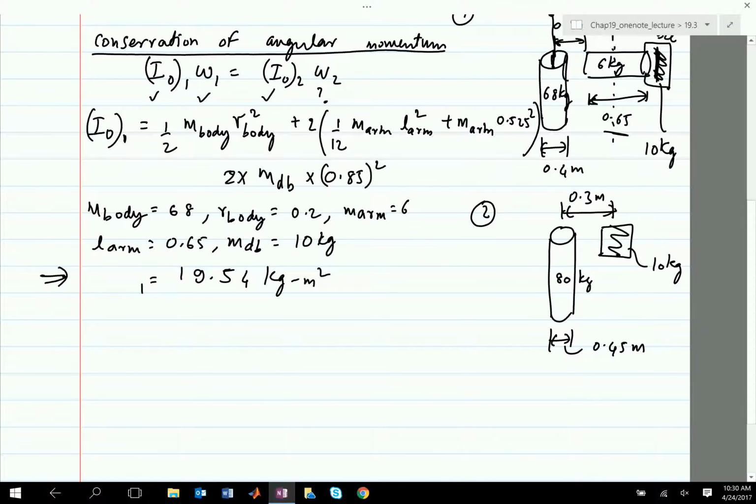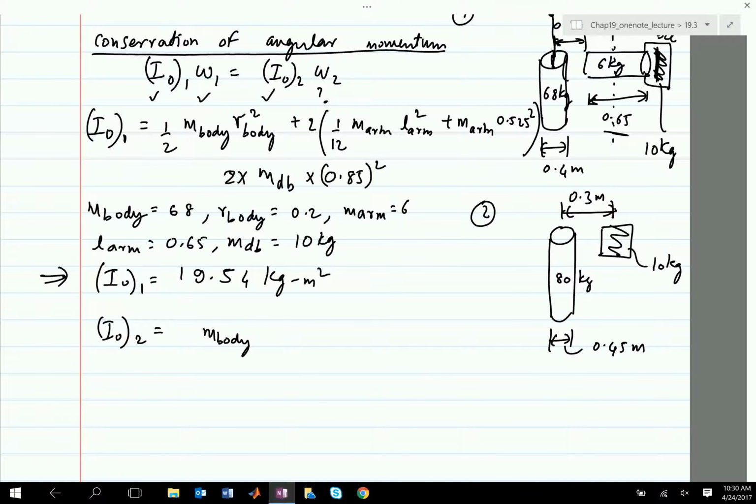Okay, so that's one part. So the other part is finding I2 or IO2. IO2 is, we're going to look at this figure now. So again, the man is, and his arms are approximated as a 80 kg cylinder, and the axes are right along the vertical.